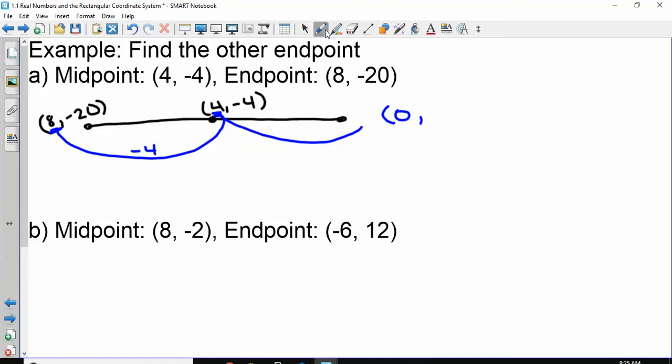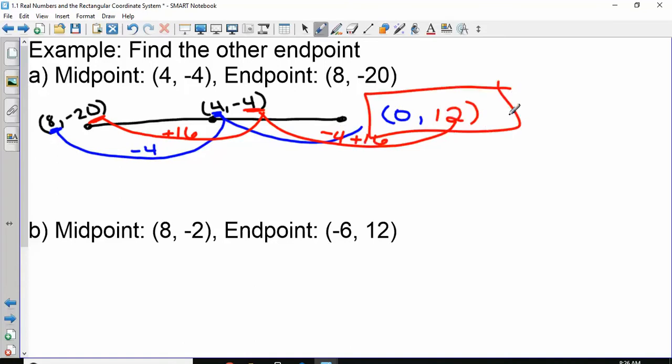So we do the same thing with our y's. If we start at negative 20, what do you have to add or subtract to get a negative 4? Add 16. So if we add 16 again, that's just like negative 4 plus 16, and we get 12.